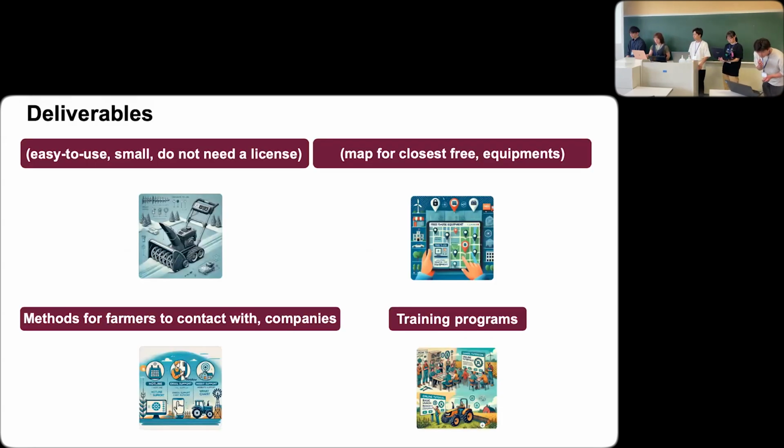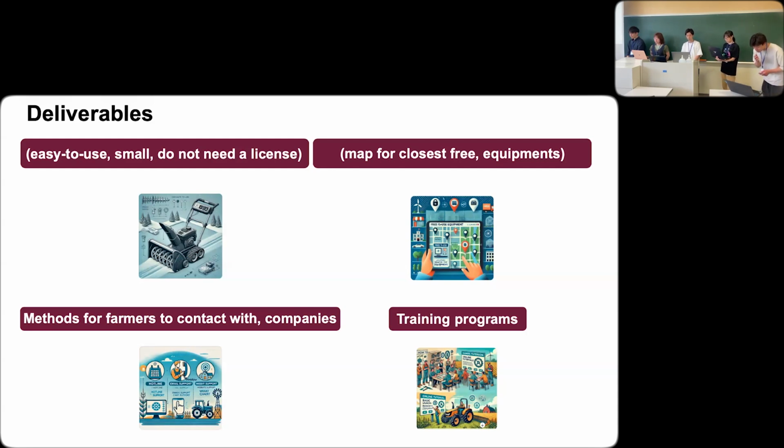Deliverables include user-friendly, small, and license-free equipment to increase farmers' productivity. These tools are easy to use, portable, and require no special licenses. Information will be provided through maps showing free equipment locations, accessible both online and offline, to help farmers use them efficiently.